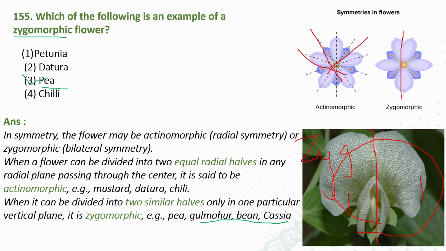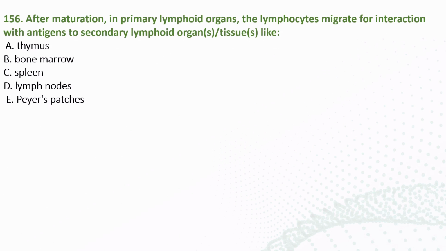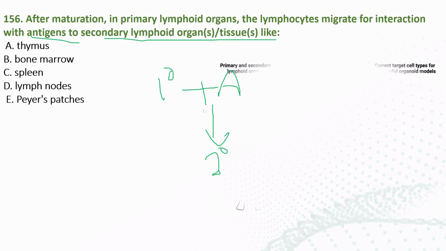The next question is: after maturation in primary lymphoid organs, the lymphocytes migrate for interaction with antigens to secondary lymphoid organs. Here they are asking which one.